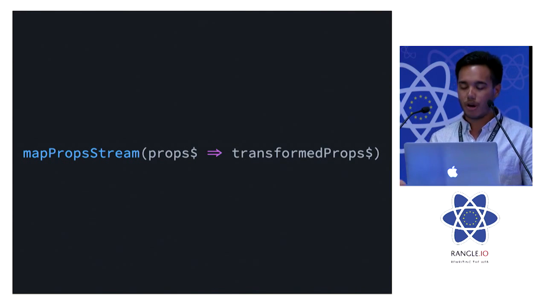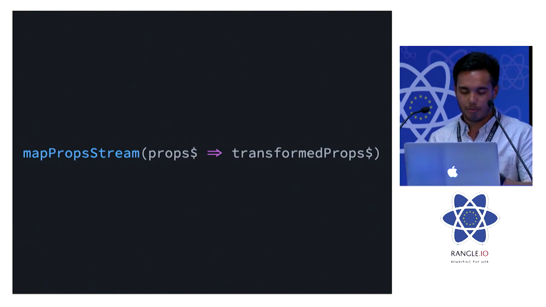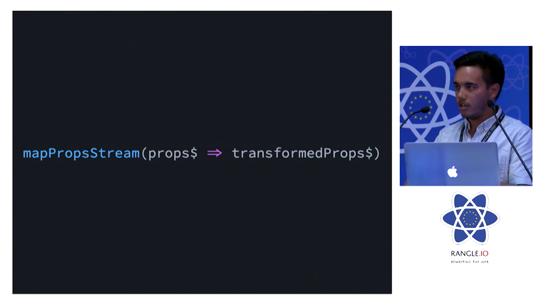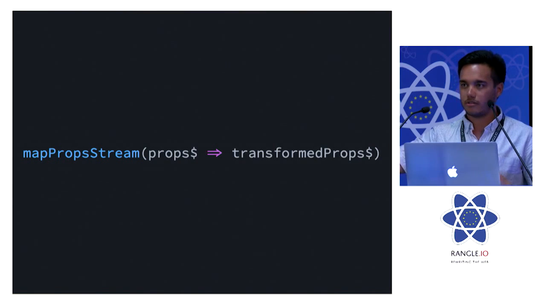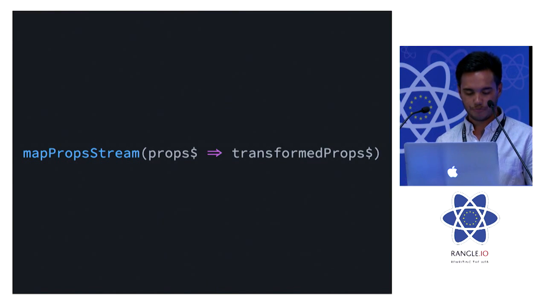So whereas mapProps operates on discrete props objects, mapPropsStream operates on the entire stream of props across time. And this lets you use awesome Rx operators like flatMap, combineLatest. You can do sideways data subscriptions. You can do all these cool async things that you can do with Rx, you can do with mapPropsStream. And I don't have a bunch of time to explain how it works, but I talked about this at ReactConf, so you can watch my previous talk for a full explanation of this concept.